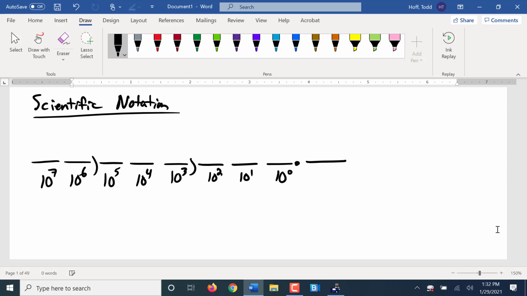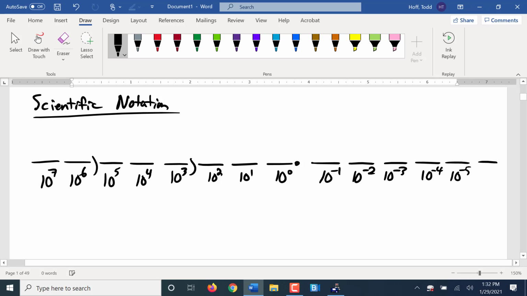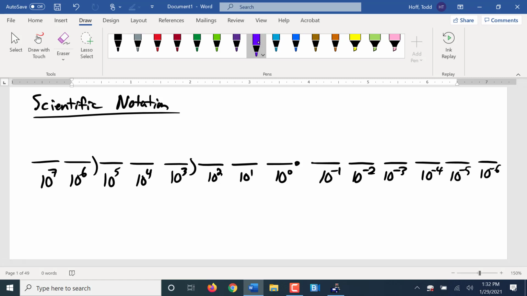And their decimal place values are negative powers. So this is 10 to the negative 1, negative 2, negative 3, on down the line that direction. And when we had a number like 7,200,000, to put it in scientific notation, we found the first digit that is not a 0, that's the 7.